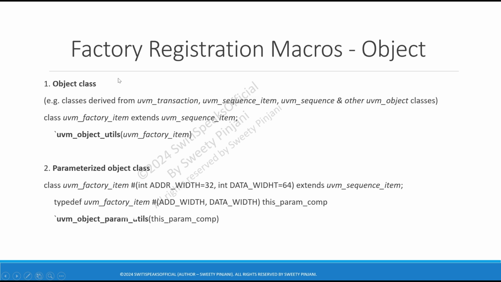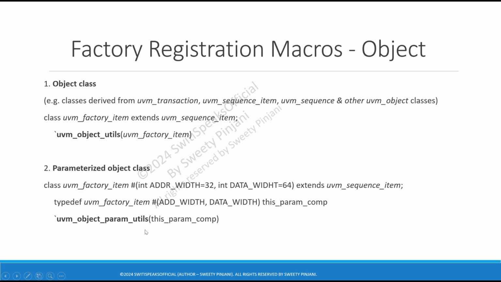And then UVM is providing me UVM object param utils. And I'll pass this type def which I created. Simple to remember, not complicated. There are 4 macros. 2 are for component and 2 are for object. For component, we have UVM component utils. If you have parameterized component, you have UVM component param utils. For object, you have UVM object utils. If it is parameterized, you have UVM object param utils.